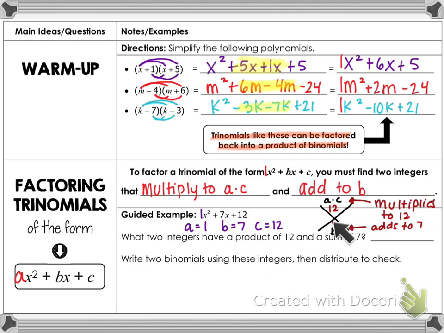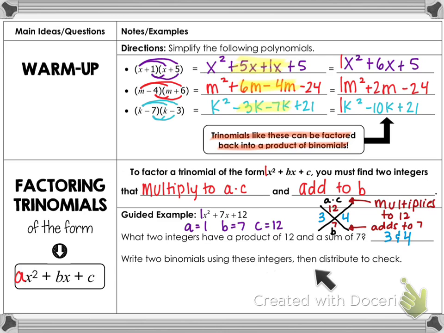What multiplies to 12? 1 times 12, 2 times 6, 3 times 4. Do any of those numbers add to 7? Yes, 3 and 4. 3 times 4 is 12. 3 plus 4 is 7, right? So that's our answer here. So what two integers have a product, or multiply, to 12 and add to 7? 3 and 4.